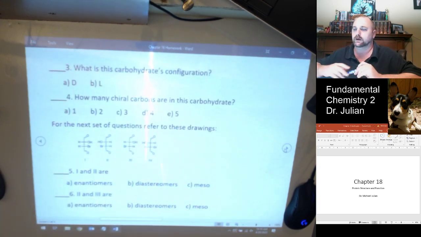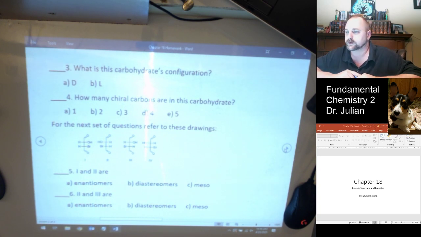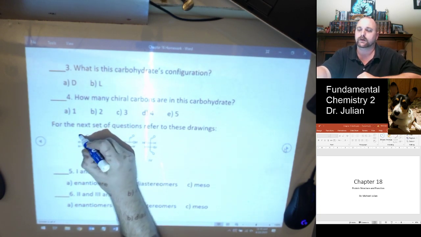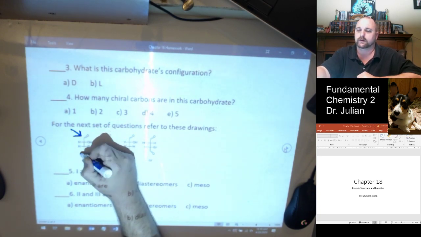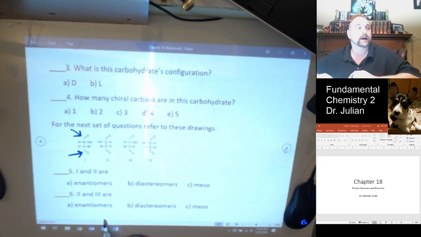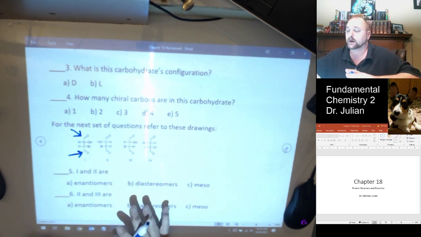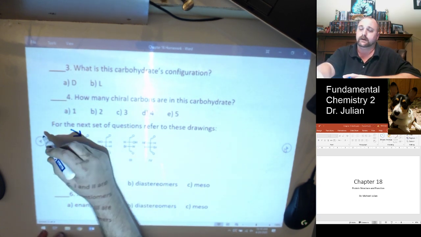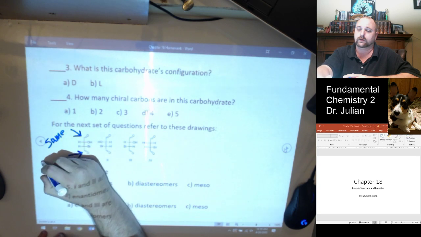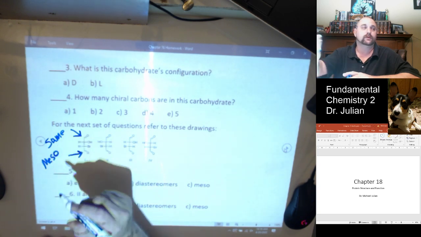All right. So next set of questions, look at these drawings, and immediately I notice something, but it's only because I'm looking for it. The bottom and the top are actually the same, and if I see those be the same, I have to worry about this idea of meso.